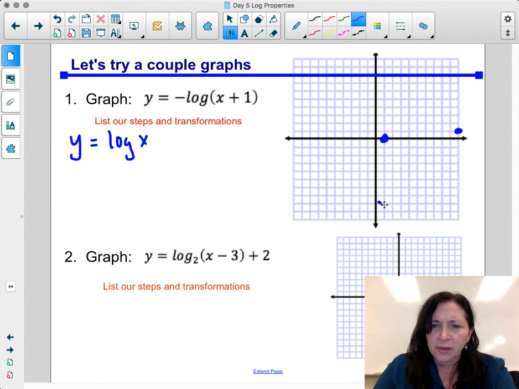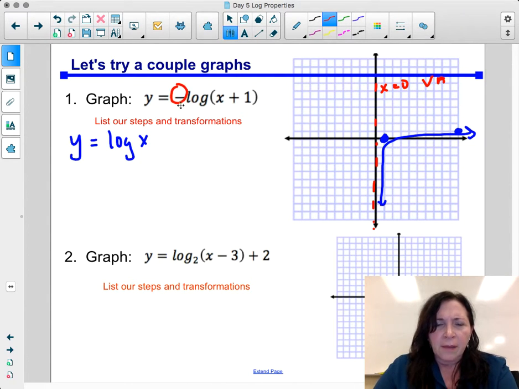So we know that this graph right now does this. And it does have an asymptote right here at, excuse me, x equals 0. And that's my vertical asymptote. And now this negative sign in front, what that does is it reflects across the x-axis.